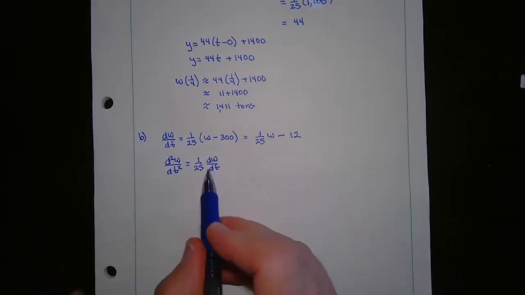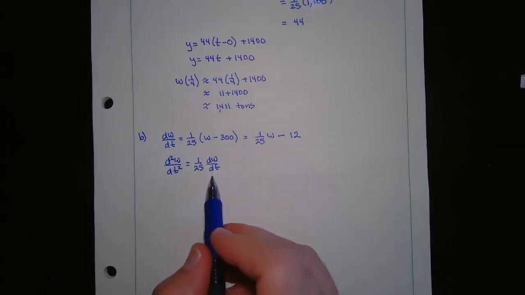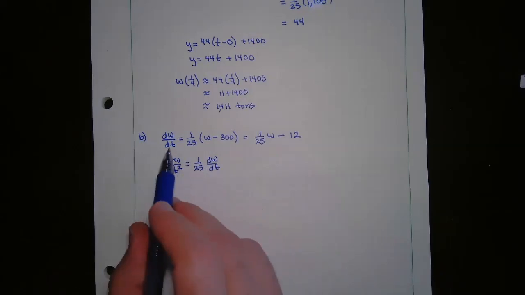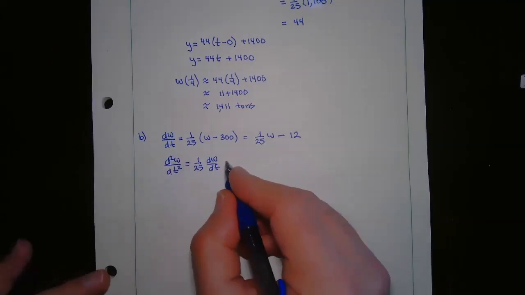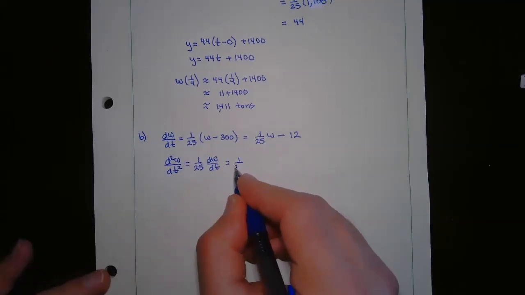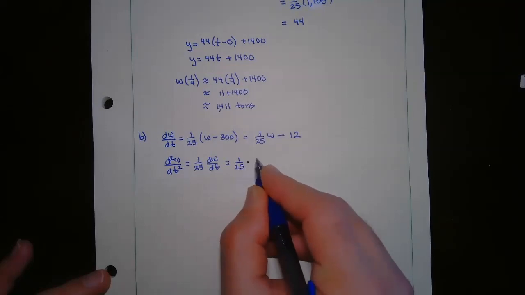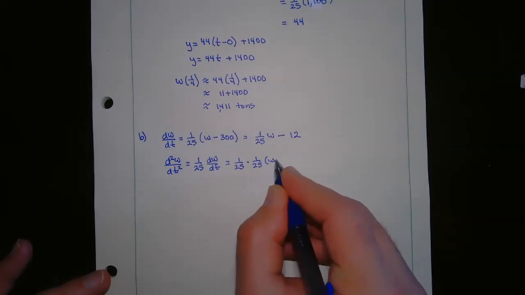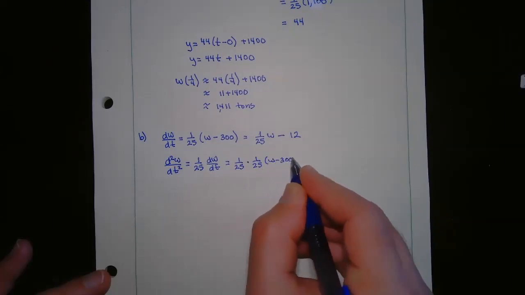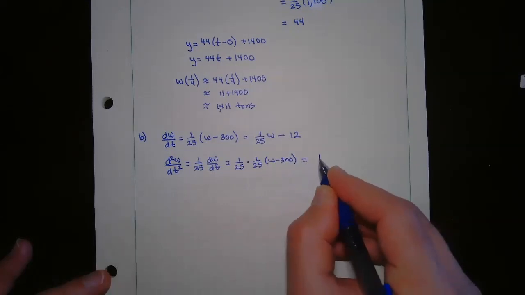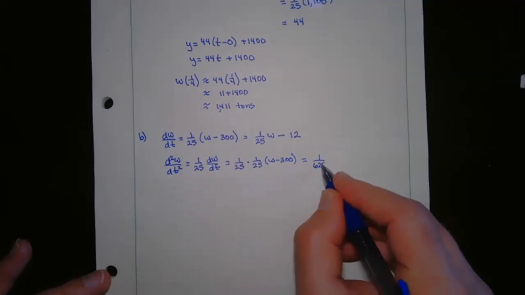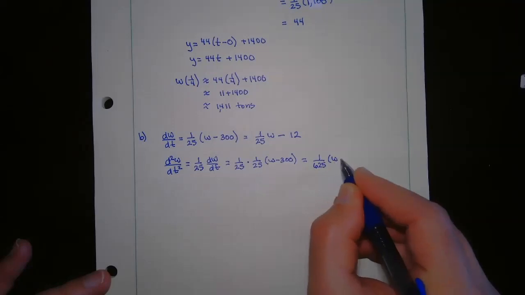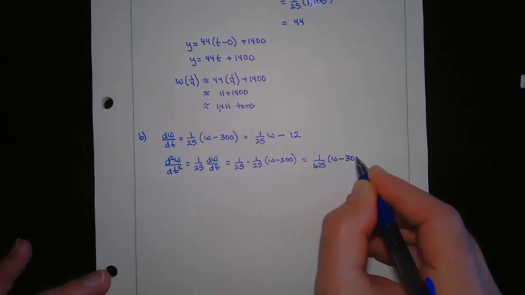Now this is in terms of dW/dt, and we want it in terms of W. Well, we know what dW over dt is. It's this, so this becomes 1 over 25 times 1 over 25 times W minus 300, or 1 over 625 times W minus 300, since 25 times 25 is 625.